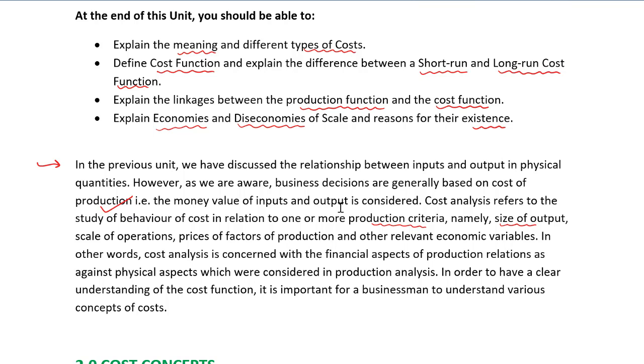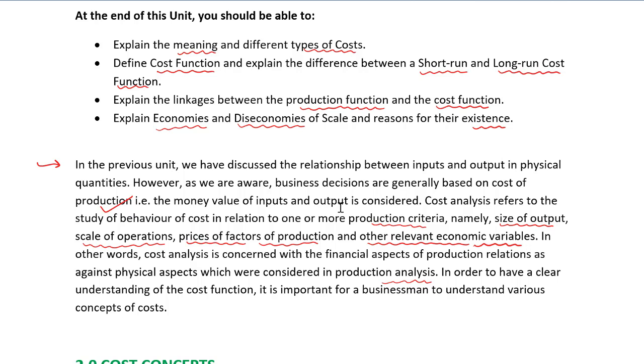Namely, the criteria are size of the unit, scale of operation, prices of factor of production, and other relevant economic variables. In other words, cost analysis is concerned with the financial aspect of production relations as against physical aspect which were considered in production analysis.